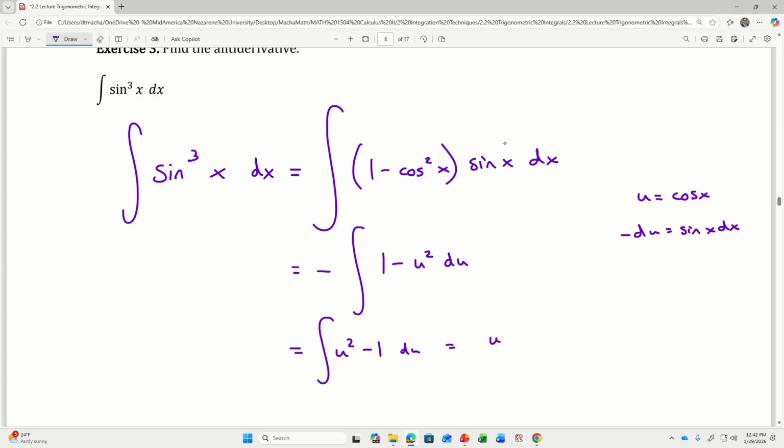And that's going to give you 1/3 u cubed minus u, or 1/3 cosine cubed of x minus cosine of x plus c.